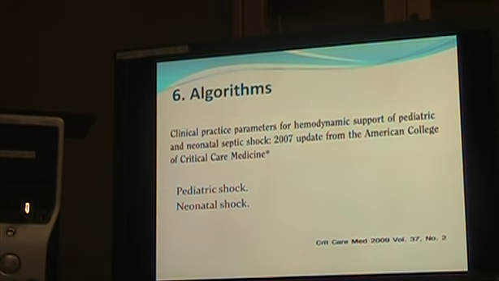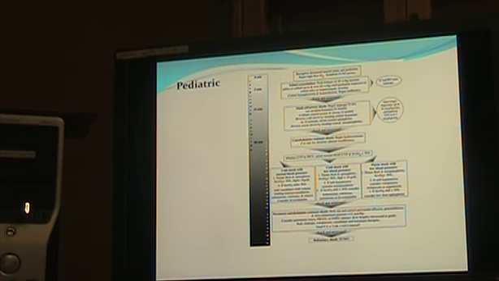So talking about algorithms, again, I thought it was a 2007, it's actually a 2009 publication on sepsis guidelines and how to treat. What's really interesting with this sepsis algorithm, if you look on the left-hand side and the timelines, you can see that when you're dealing with shock, and most importantly septic shock, because that's probably the most common that you're going to be sent to, the way to treat it effectively is to treat it quickly.